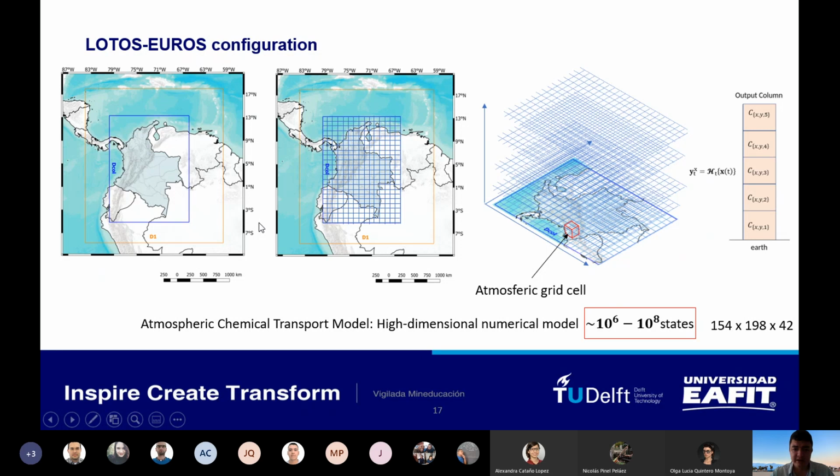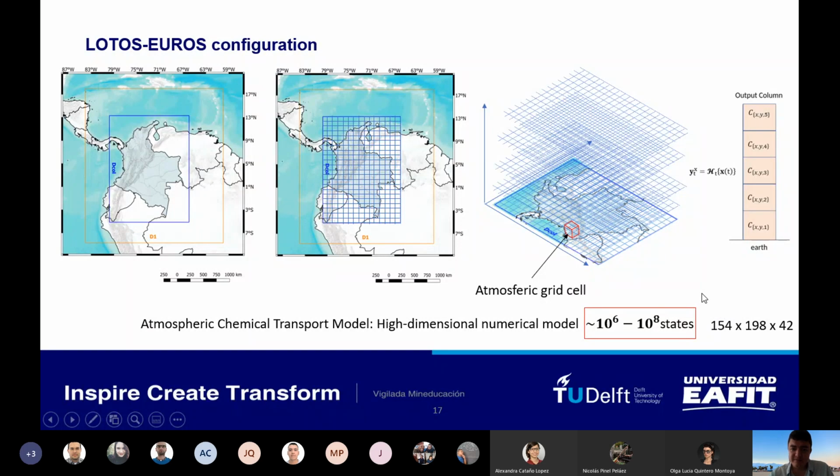This is also a nice plot to understand that the model is not more than a grid cube of many cells. And look, I am using these cells, and the multiplication is like 1.5 million, and it's just the concentration of one pollutant.